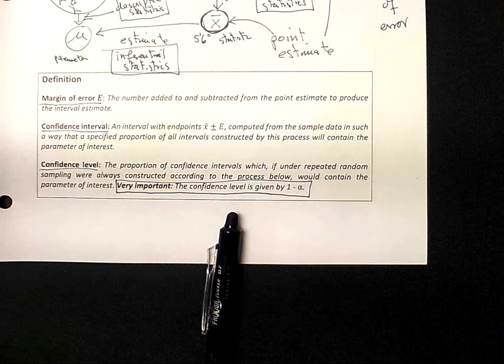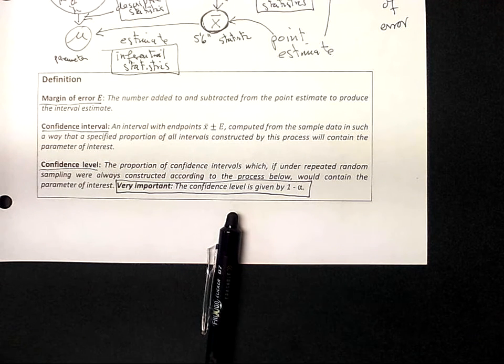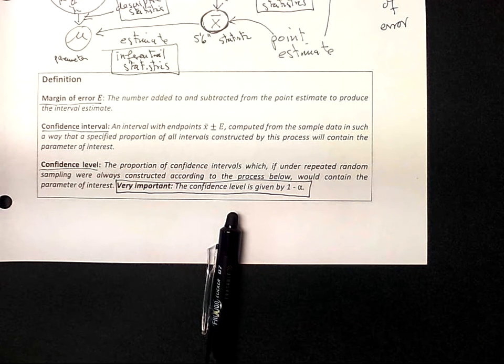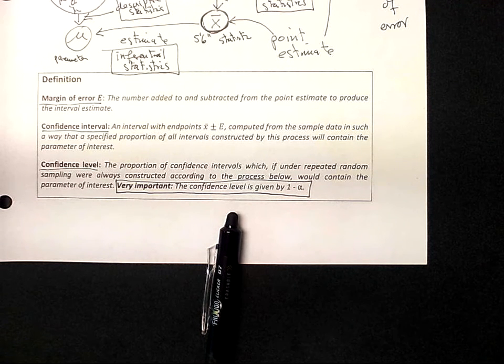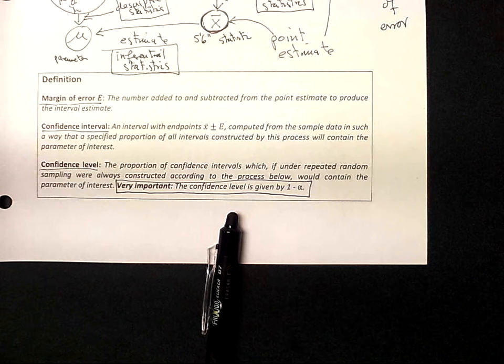Right? It's extremely important to remember that your confidence level is 1 minus alpha. It's not written on your formula sheet, but this is a very important concept. You have to remember that your confidence level is given by the formula of 1 minus alpha.